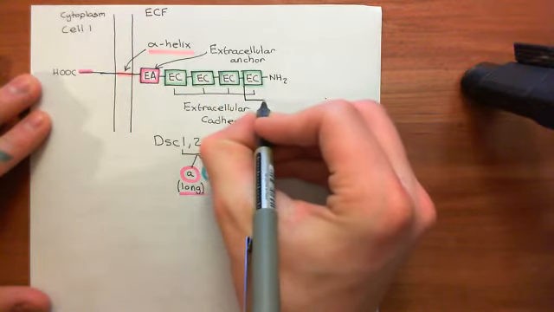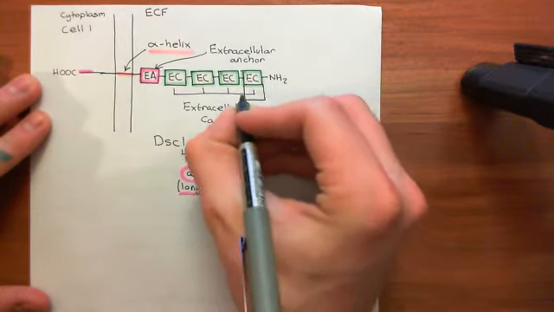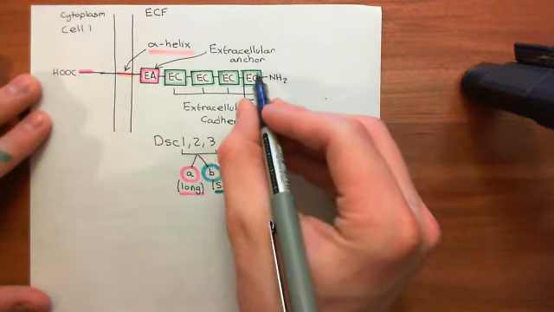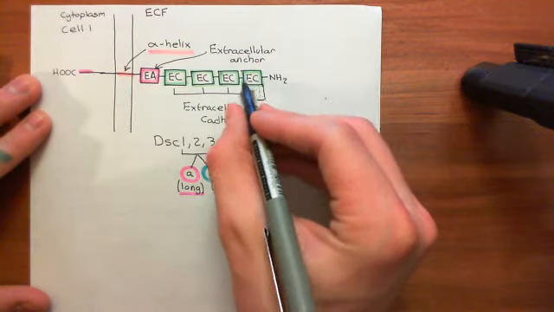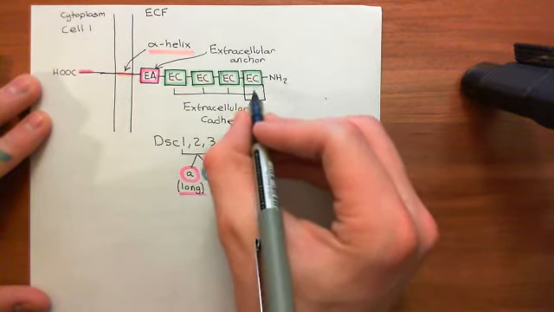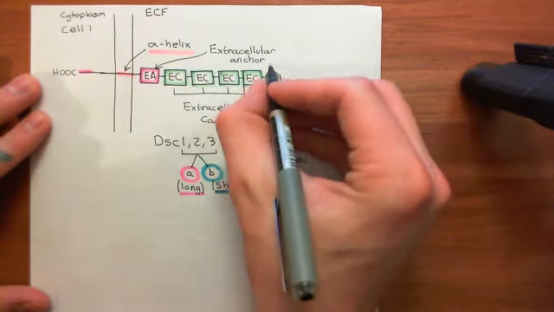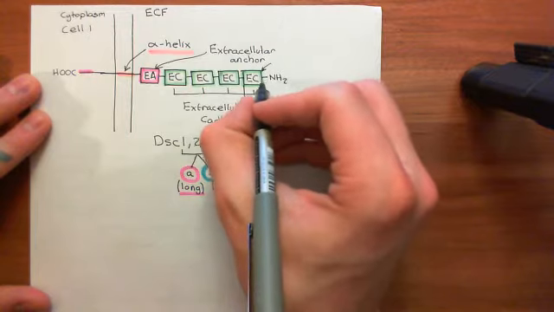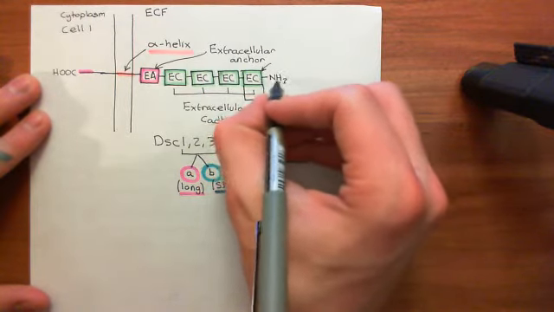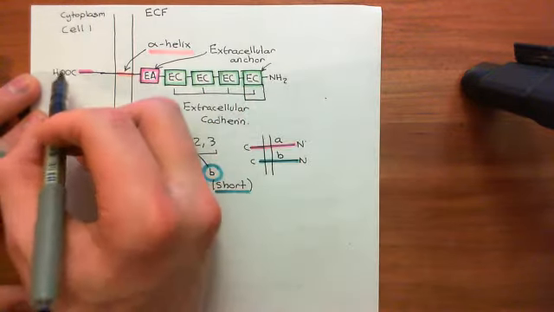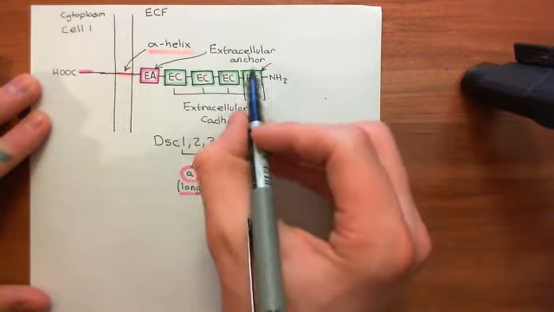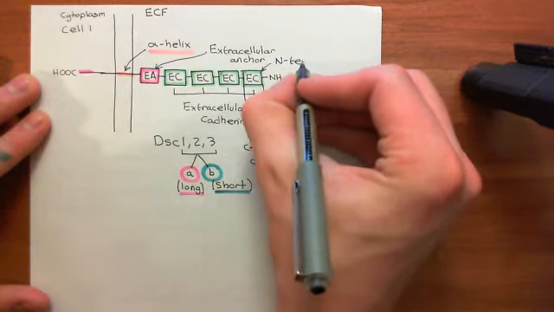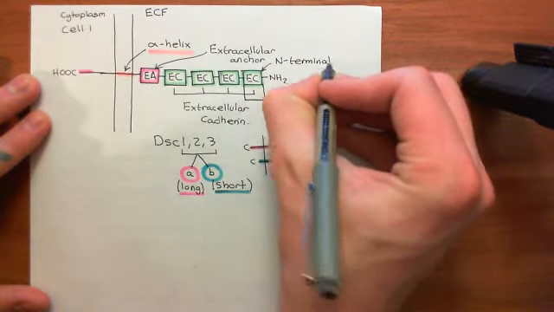So basically the first thing to say is that the way the two desmosomal cadherins bind to each other is that the N-terminal extracellular cadherin domains of the two desmosomal cadherins are going to bind. Okay, so this final extracellular cadherin domain, or depending on the way you look at it, the first one, because usually we go from the amino terminus to the C terminus, so this is the first extracellular cadherin domain here, or you could call it the N-terminal extracellular cadherin domain.